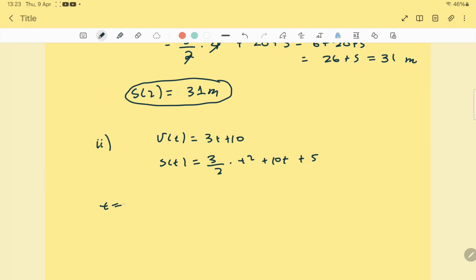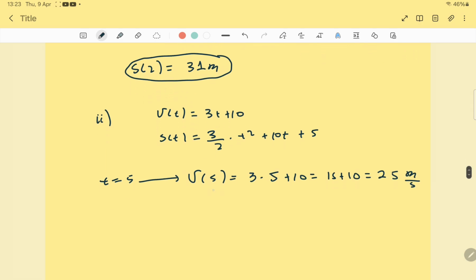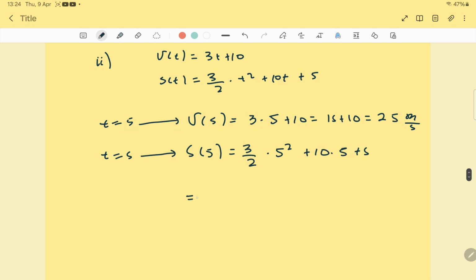For t equals 5, v of 5 is, by substitution, 3 times 5 plus 10, that's going to be 25 meters per second. And to find the displacement, s of 5 is 3/2 times 5 squared plus 10 times 5 plus 5.